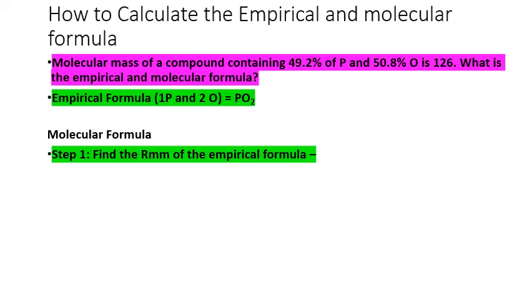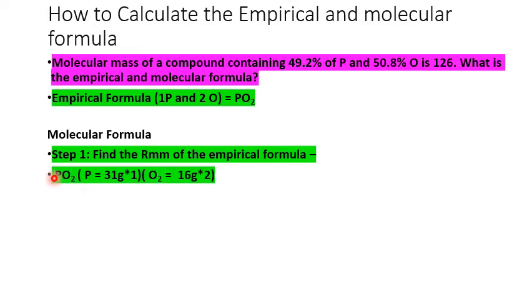So next we are going to go ahead and find the molecular formula. We already know the empirical formula, which is PO2 now. Let's find the molecular formula. First thing you have to do is find the RMM of the empirical formula. Okay, so that's PO2. The mass of P, of course, we're using the periodic table, people, 31 grams.